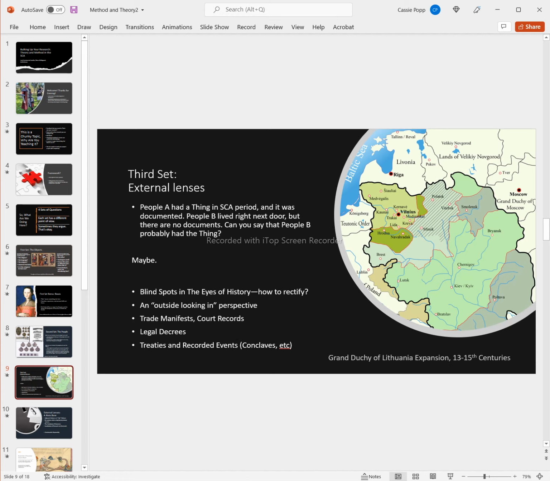To illustrate this, I have pulled up an image here of the Grand Duchy of Lithuania at its greatest extent, roughly. This area, among others, is a significant blind spot in the eye of history for a number of reasons. The late adoption of Christianity in the region prevented oral traditions from being committed to paper.